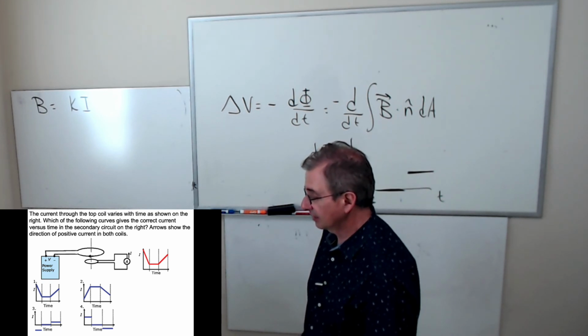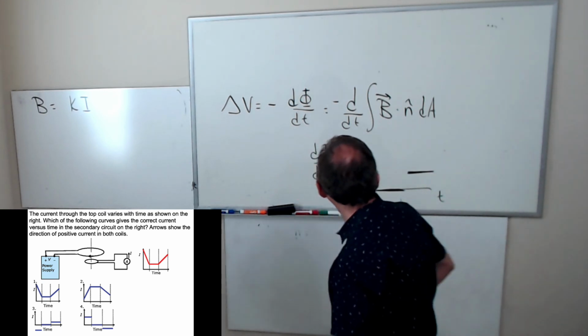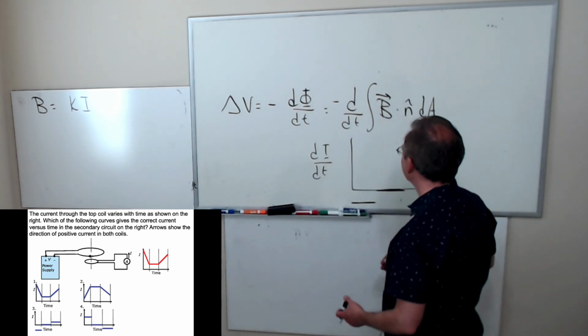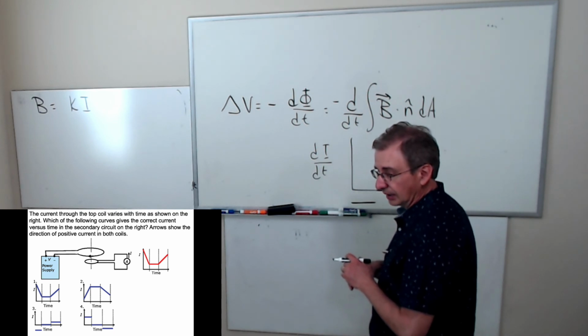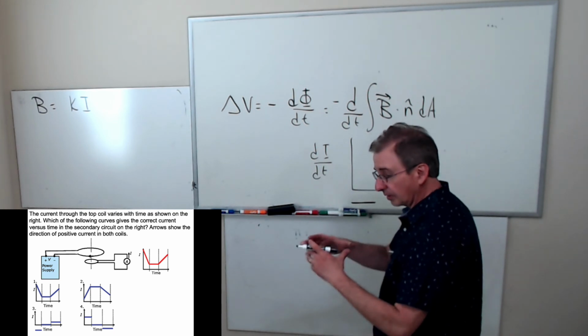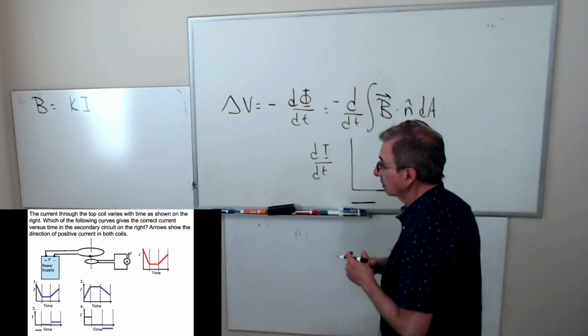Let's assume that the magnetic field is uniform over the bottom loop.